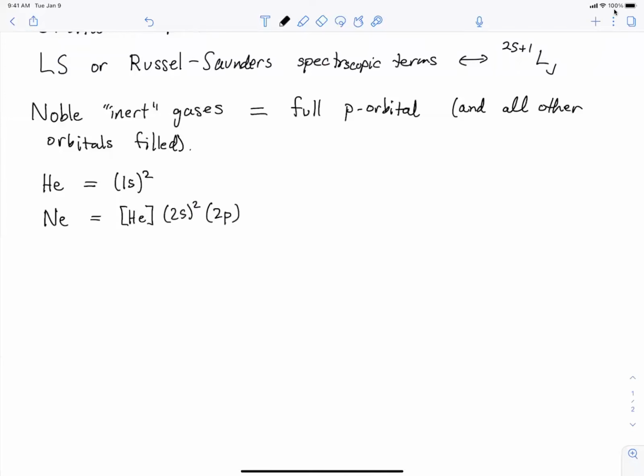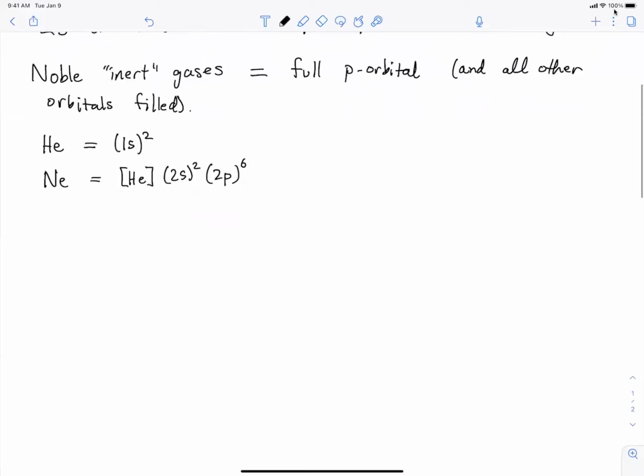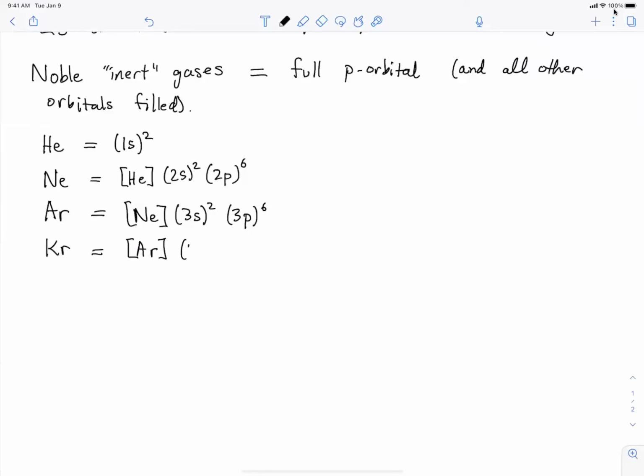Remember, each p orbital set can have 6 slots to put electrons in. And so if it's totally filled, that's 2p6. And then argon is what you get when you take everything that's in neon and you add 3s squared and 3p6. And krypton is what you get when you have everything in argon plus 4s squared.